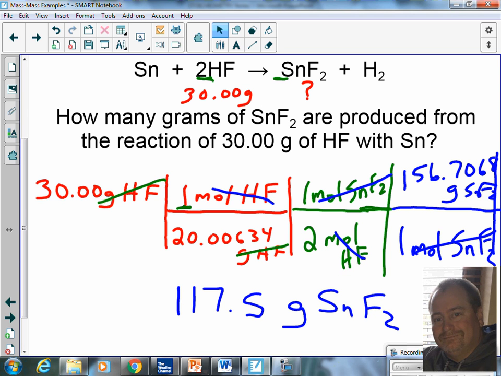So I've got 30.00. The first number on the bottom is 20, so I could divide that by 20 to get a value. Then the next step, I'm going to have to divide by 2 to get a value. And then the next one is 156.7068. And I get the same value. So you can go step by step also.